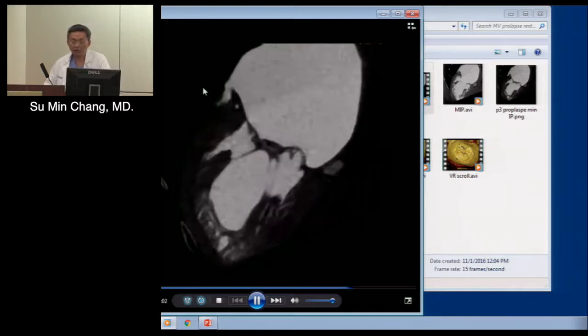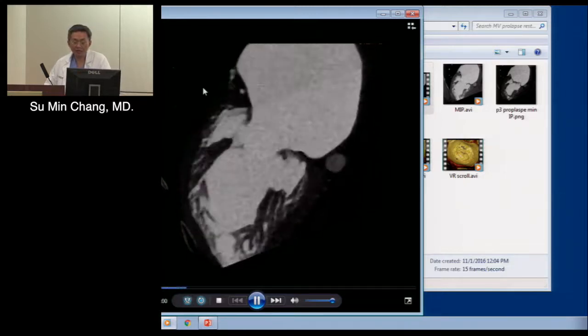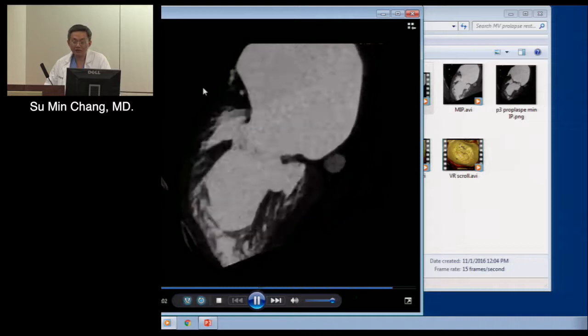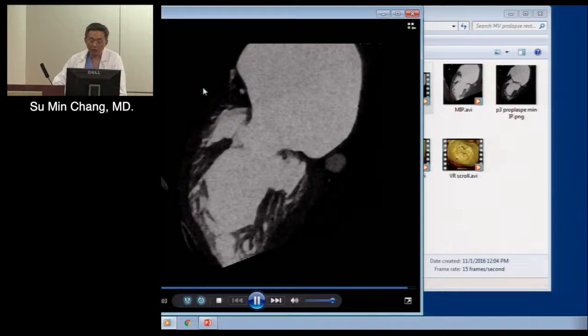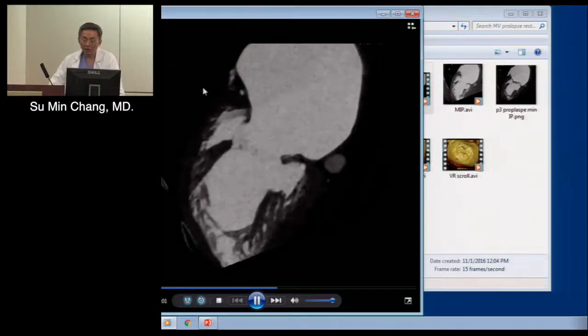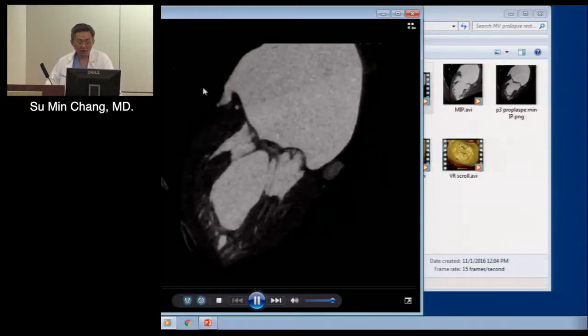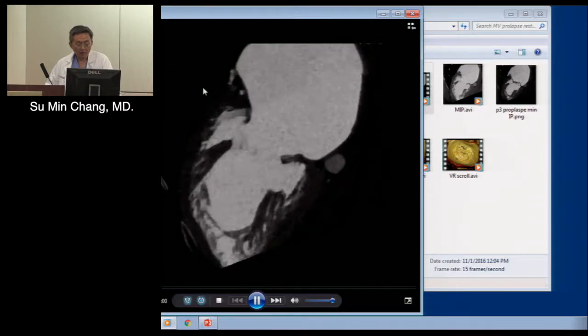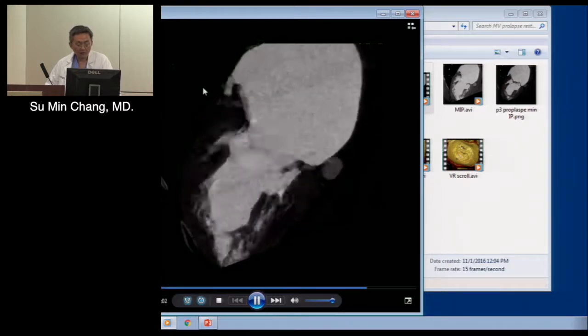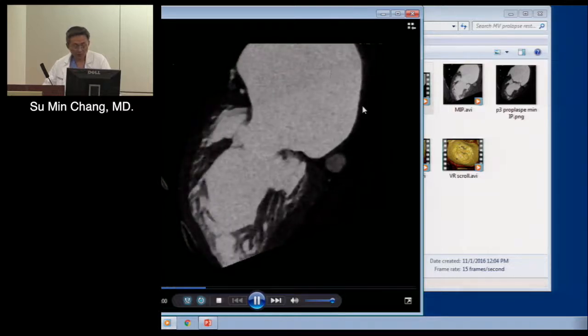So we invert the concept. You highlight the structures with low attenuation, so you can see the mitral valve very well.